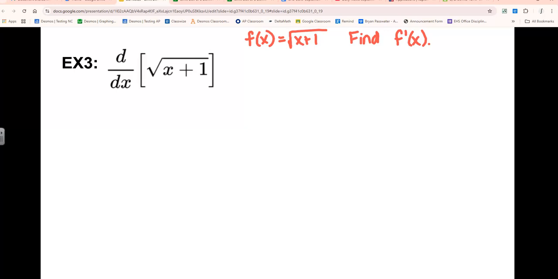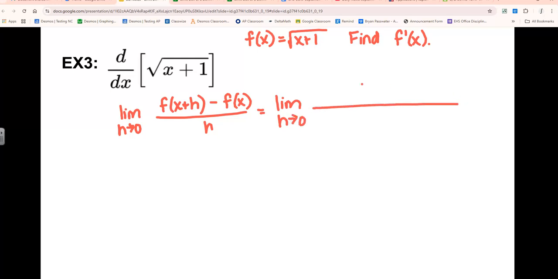So we got to do the limit as h approaches 0 of, I'm going to write it every time right now just to reiterate what we're doing, f of x plus h minus f of x all over h. And for this one, I'm actually not going to figure out f of x plus h over to the side because there's not much simplifying to do right there. When I plug in x plus h right here for that x, I get the square root of x plus h plus 1.